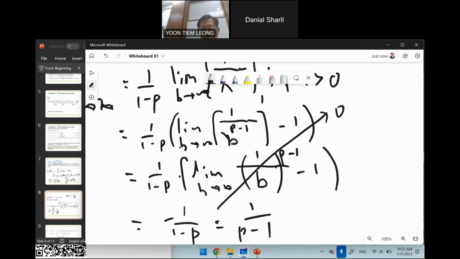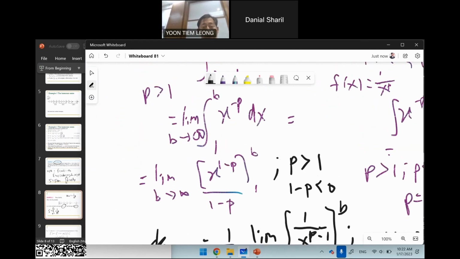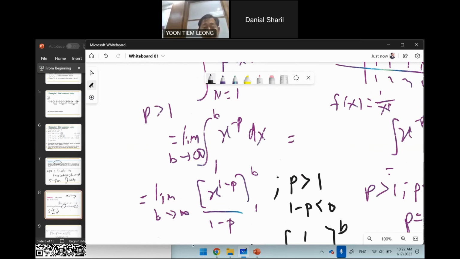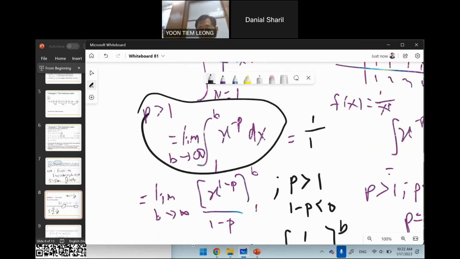So that means p, which is a number larger than 1, shows that the integration of the function x to the power minus p, for p larger than 1, converges to a number. What number it is is not important, but it must converge to something.